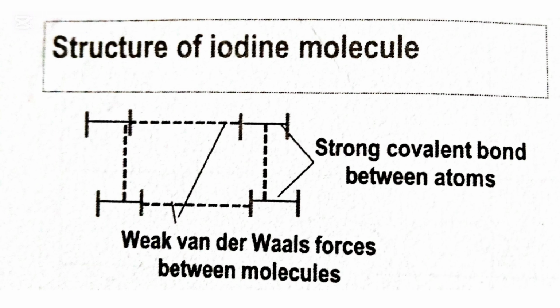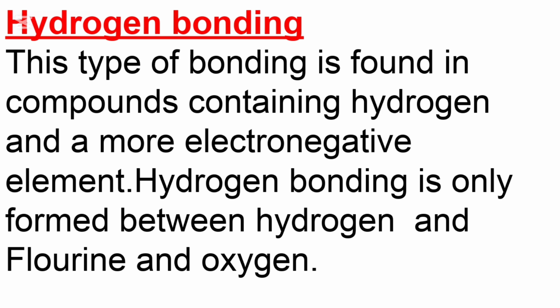You can see the iodine atoms are joined together by strong covalent bonds which are found between the atoms. Then the molecules now are joined together by the weak van der Waals forces of attraction, and they are the ones which are shown using a broken line. Those are the weak van der Waals forces, while the ones with a continuous line are the strong covalent bonds between atoms.